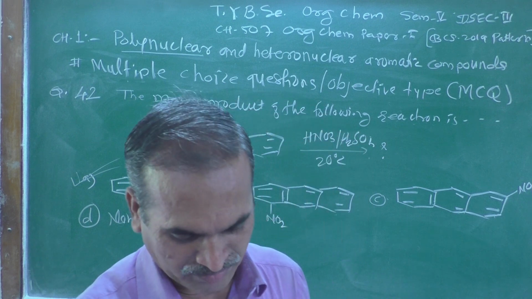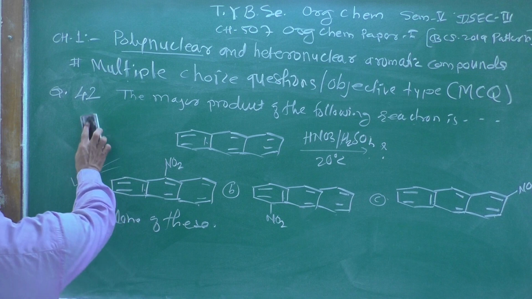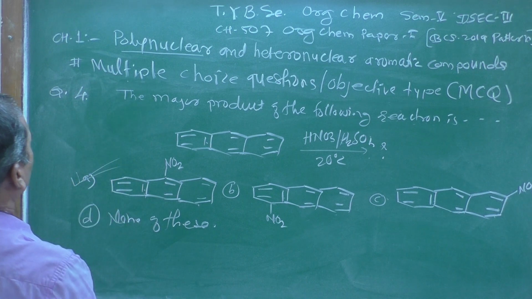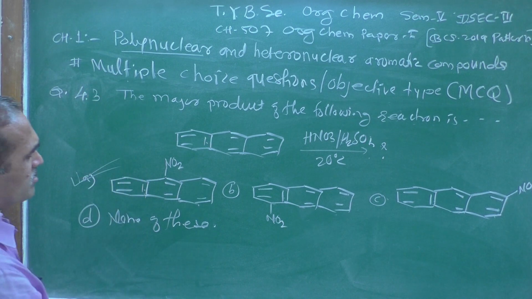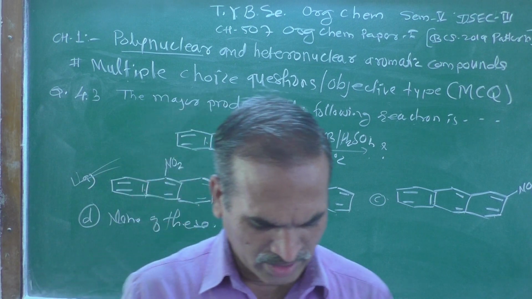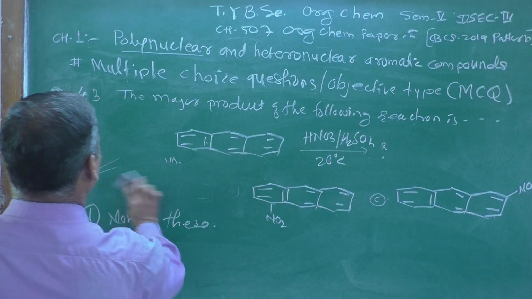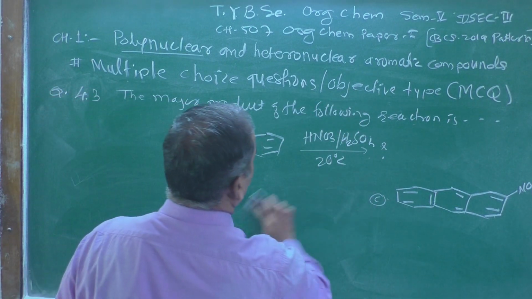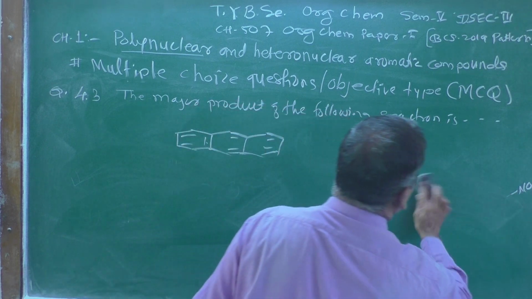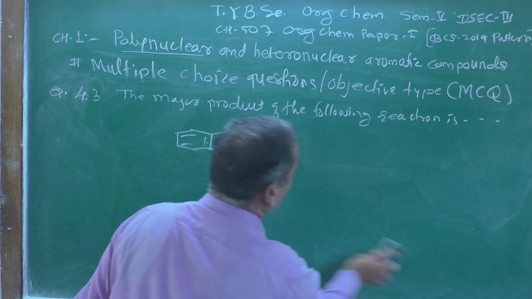Now let us see another multiple choice question, question number 23. Again, the major product of the following reaction. I am keeping the reaction as it is, with only slight changes.